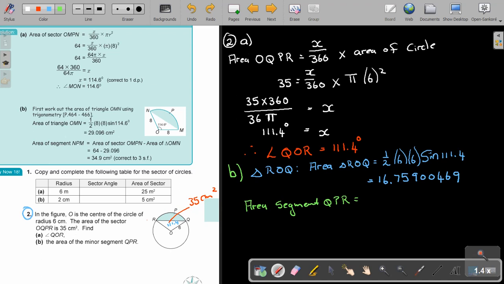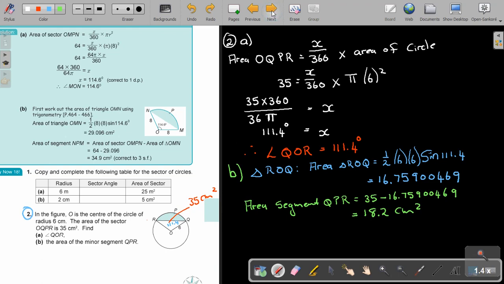It's the 35 minus that 16.7590046.9, and that will give you an answer of, I just want to check, 18.2 centimeter square, and that's correct to 3 significant figures, and that's how you do it.